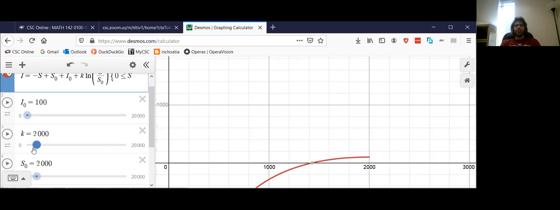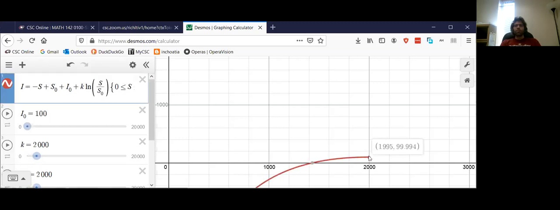When K reaches S sub 0, there's no epidemic at all. The number of infected people decreases monotonically until it vanishes.